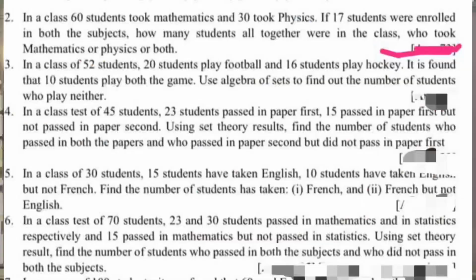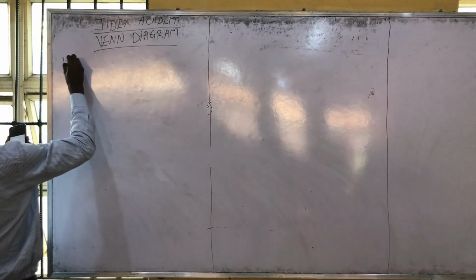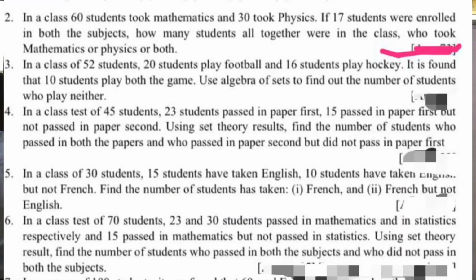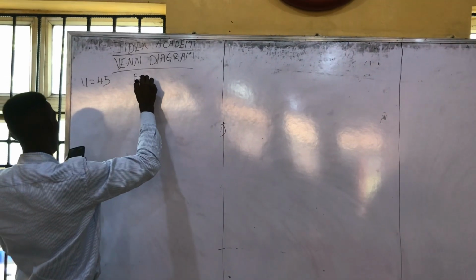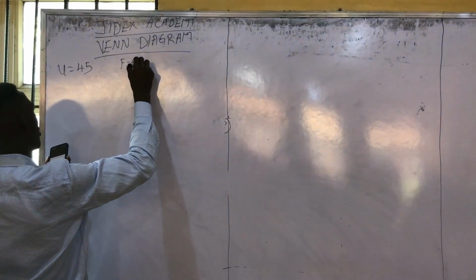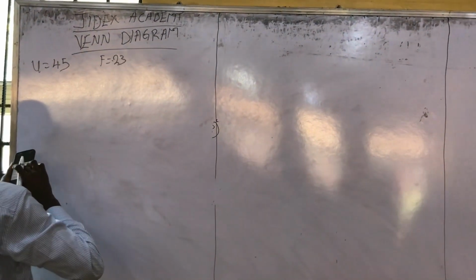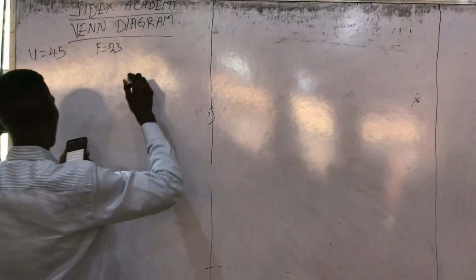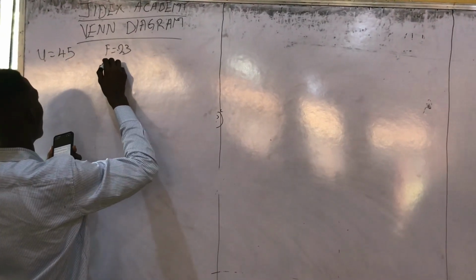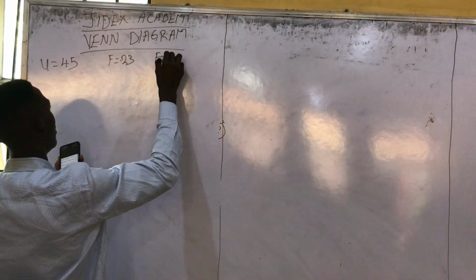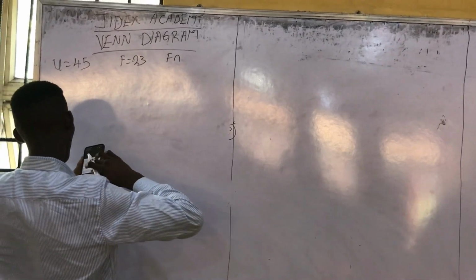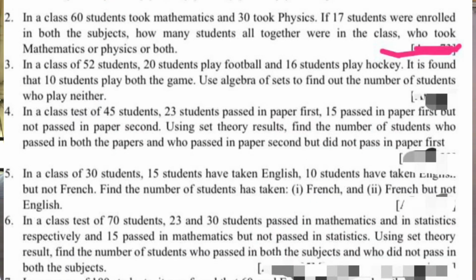The next question. In a class test of 45 students, 23 passed the first paper. So the first paper, let me represent that with F, and we're told that it's 23. 15 passed the first paper but not the second paper.